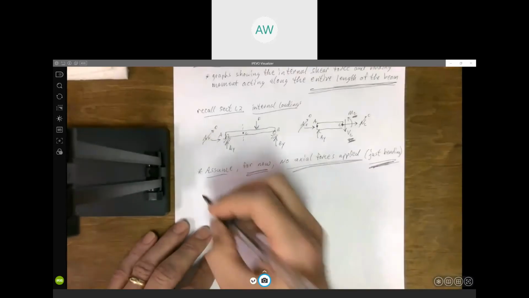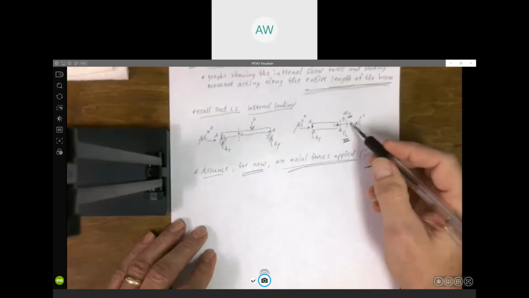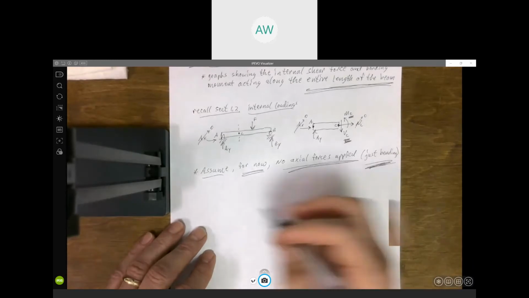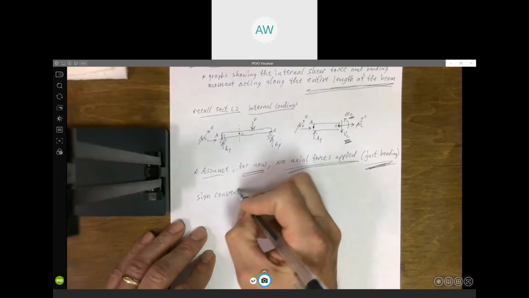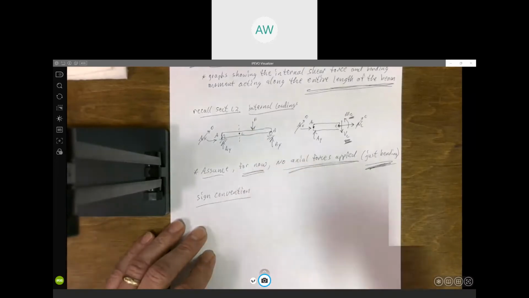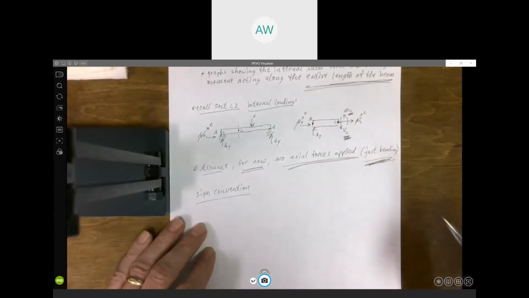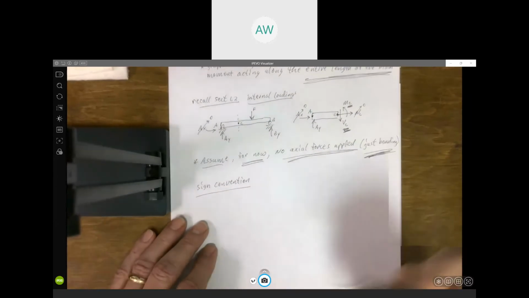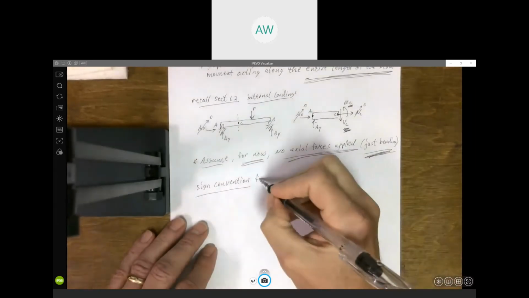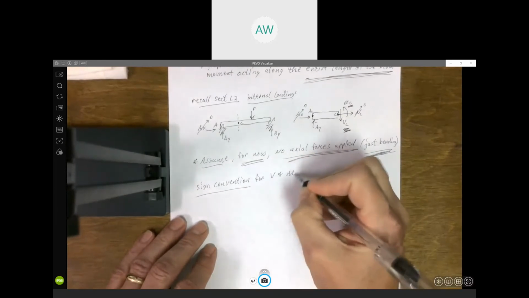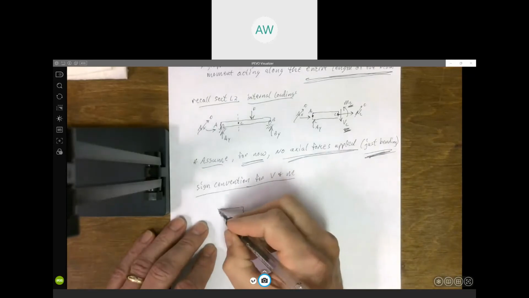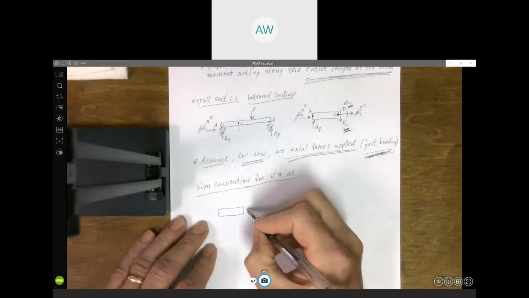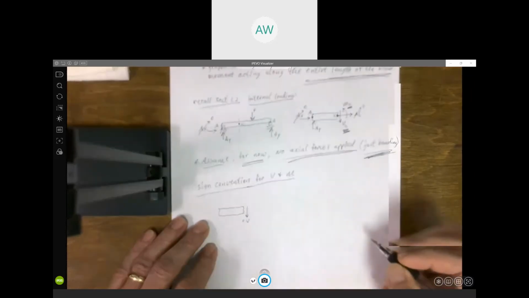The last thing is I want to talk about sign convention, because this is going to matter when we get to our formulas for normal stress and shear stress. They're going to be based on this sign convention for V and M. So again, if you cut this beam, we're going to assume that positive V goes down.